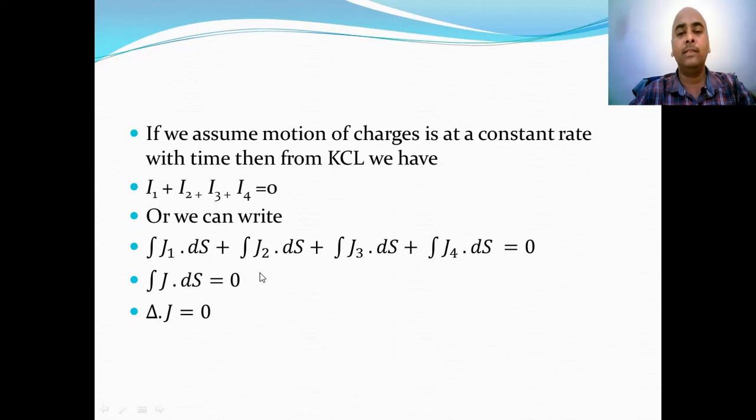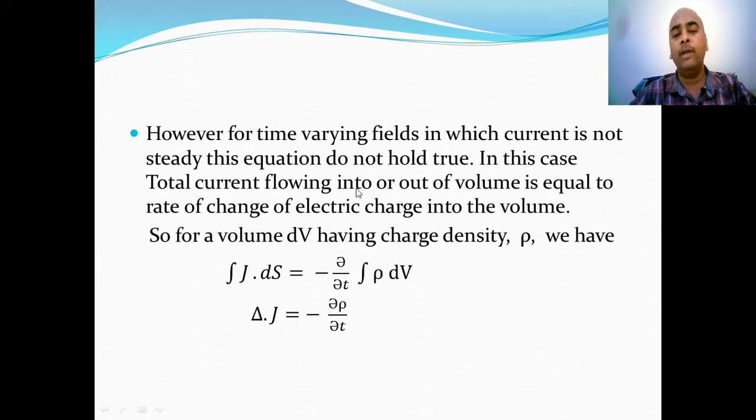So in DC currents, the motion of charges is at a constant rate. However, for a time varying field in which current is not steady, this equation does not hold true. For example, in case of AC sources, the current entering at a point is not equal to the current leaving at the same point.